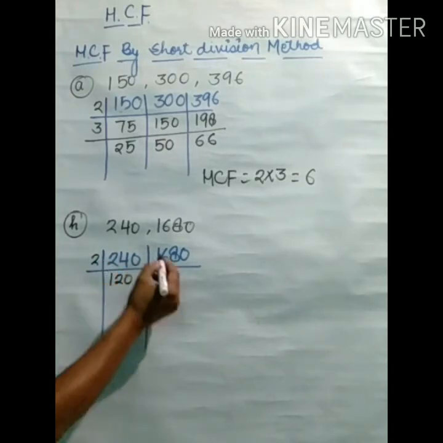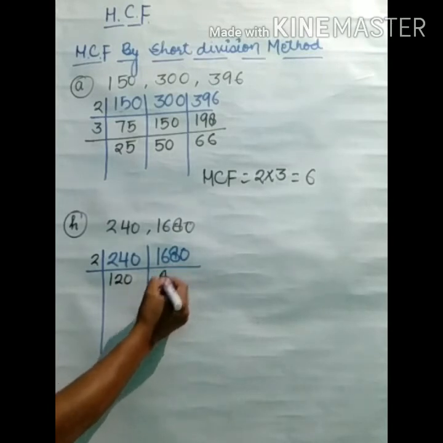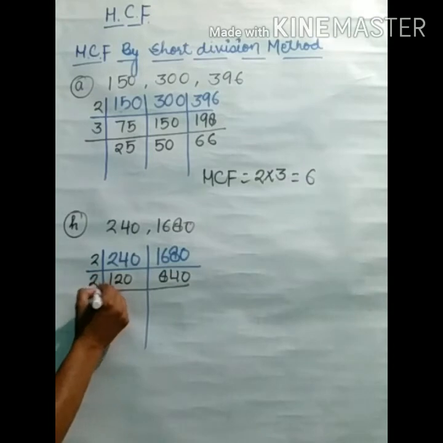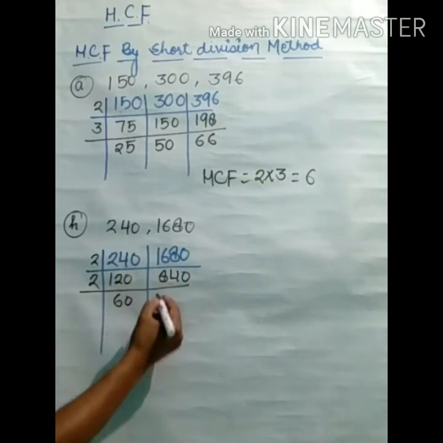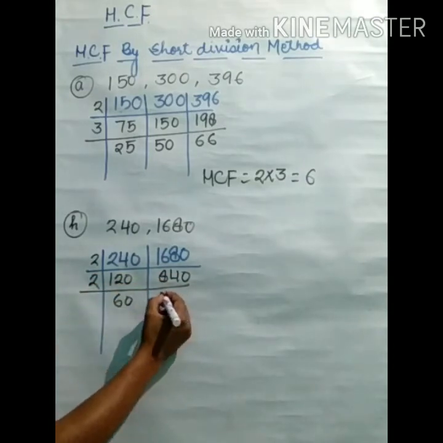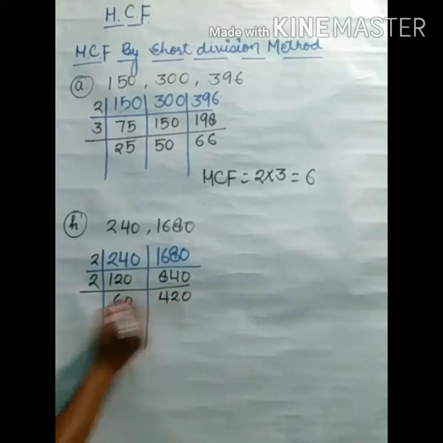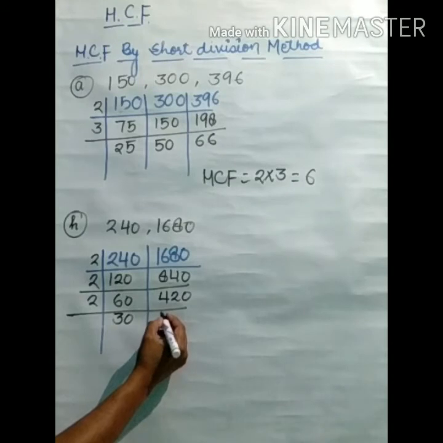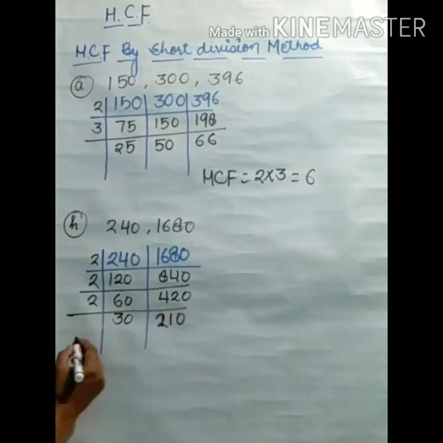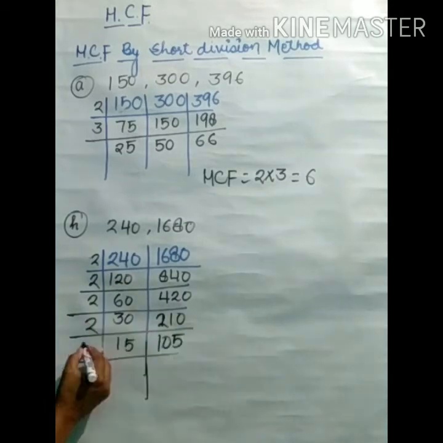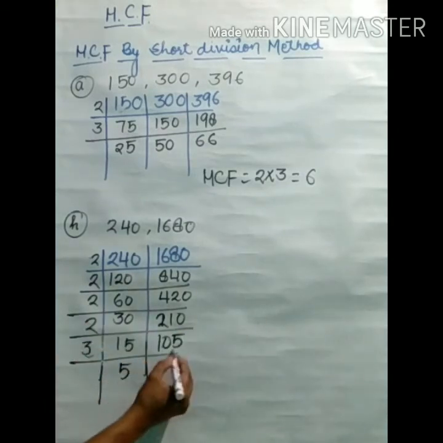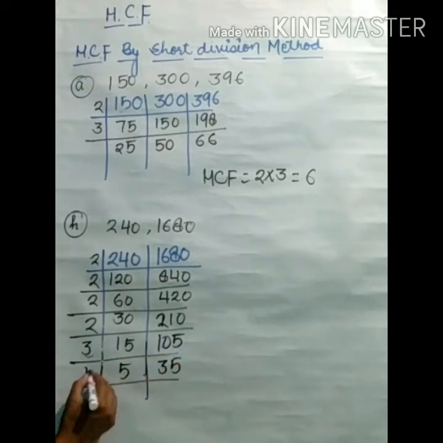Again both are divisible by 2, again by 2, again by 2, then by 3, and then by 5.